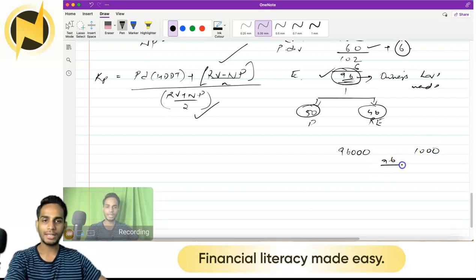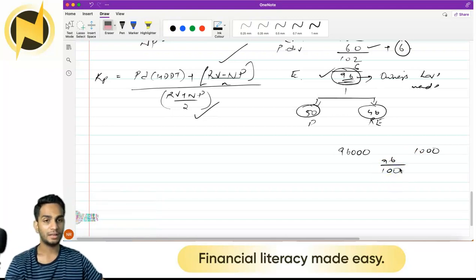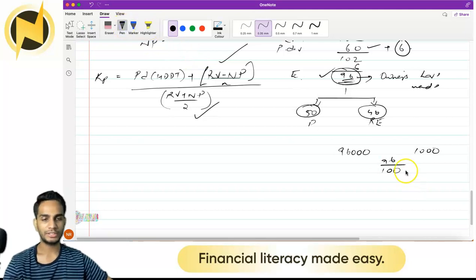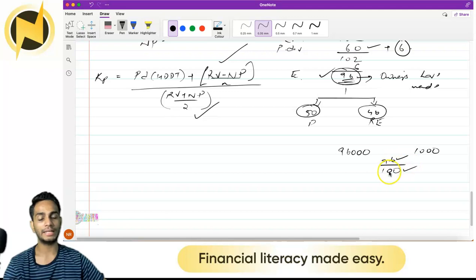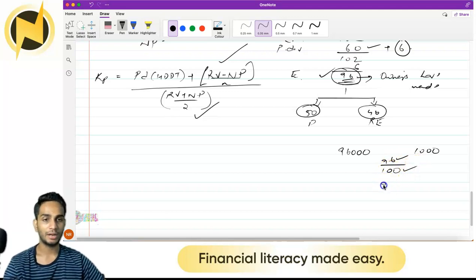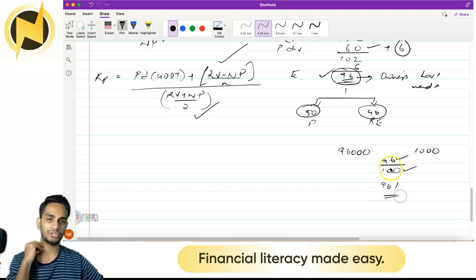So you take 96 divided by the market price of the share, let it be 100. For a share which has a market price of 100 and earned 96, the cost of capital will be 96 divided by 100 into 100, that is 96%.